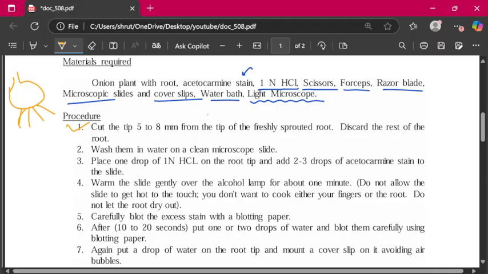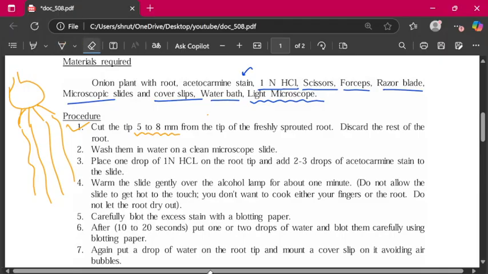So it can be best studied when the roots are not very much grown. Then how much should be its size? It should be 5 to 8 mm from the tip. It shouldn't be too long.